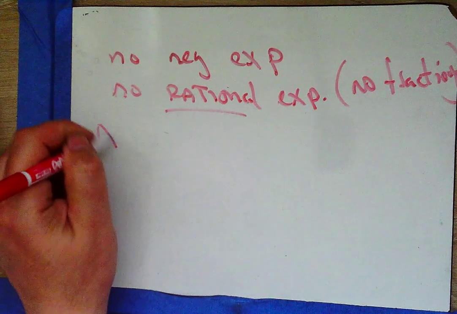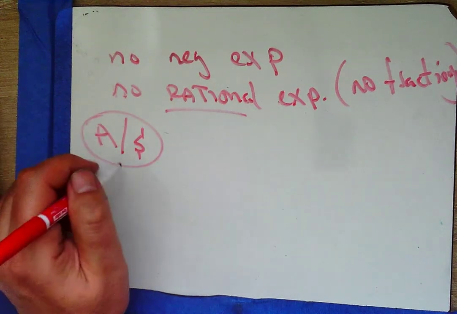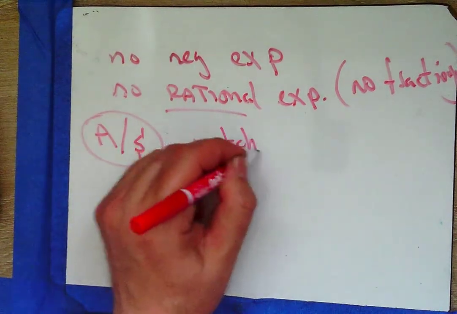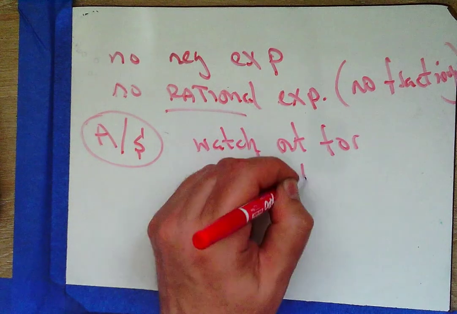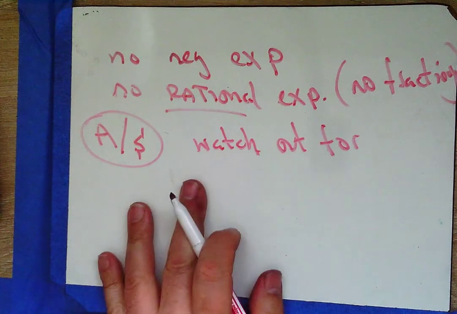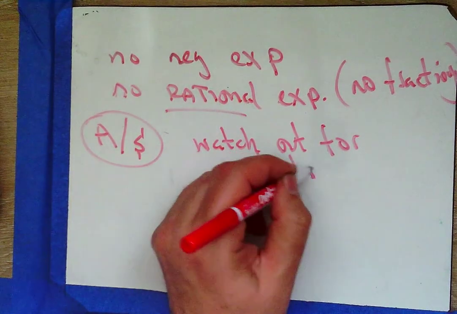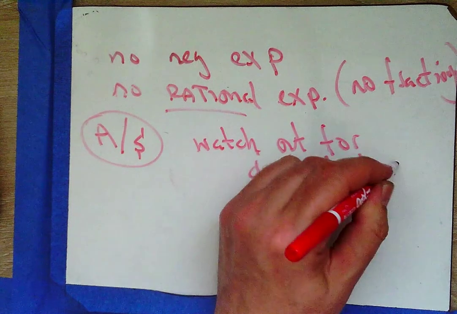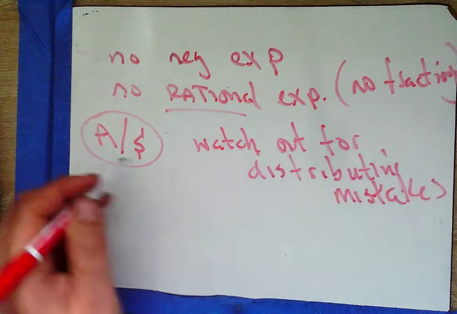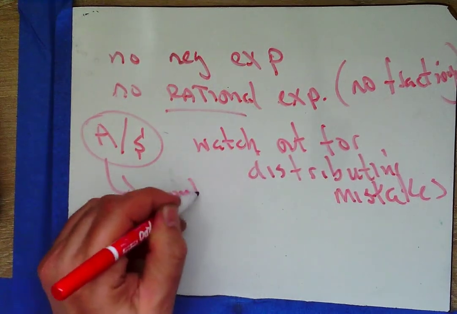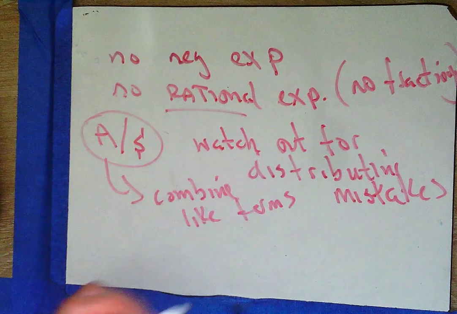Then we talked about adding and subtracting polynomials. And we said here to watch out for distributing mistakes. Because it was when you distribute that negative in the subtraction that some people make mistakes. And other than that, we're just going to combine like terms.